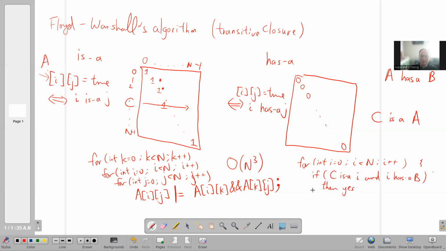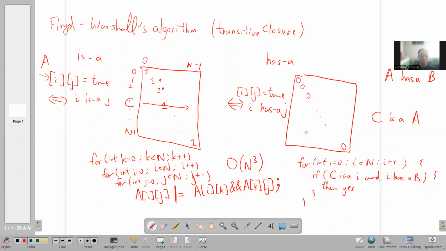Otherwise, no. Well, the return no shouldn't be inside the for loop, but if you go through this whole thing and you haven't said yes, then you say no. So something like this, right? So you have to do a little bit of work to answer the query for has A.